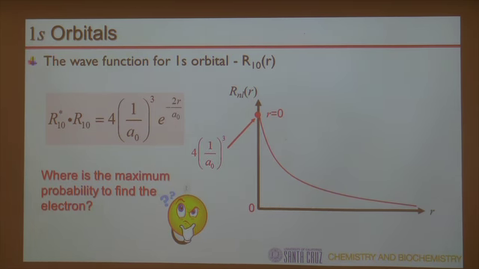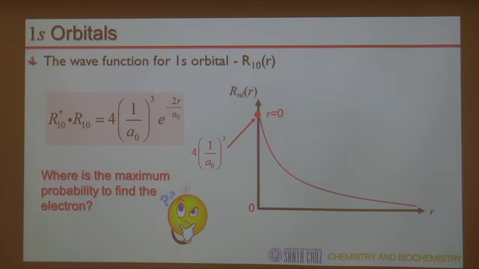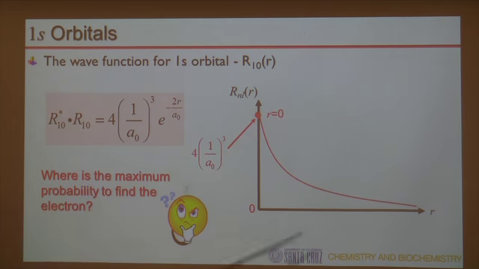A given wave function by itself is not a probability, based on quantum mechanics postulate number 1, Born's interpretation of the wave function. The square is the probability, so to talk about the maximum probability we need to evaluate the product first. Since this is a real function, just square it. You can again plot it, and it's still an exponentially decaying function. And of course r equals 0 will be the maximum probability, right? Think about this picture.